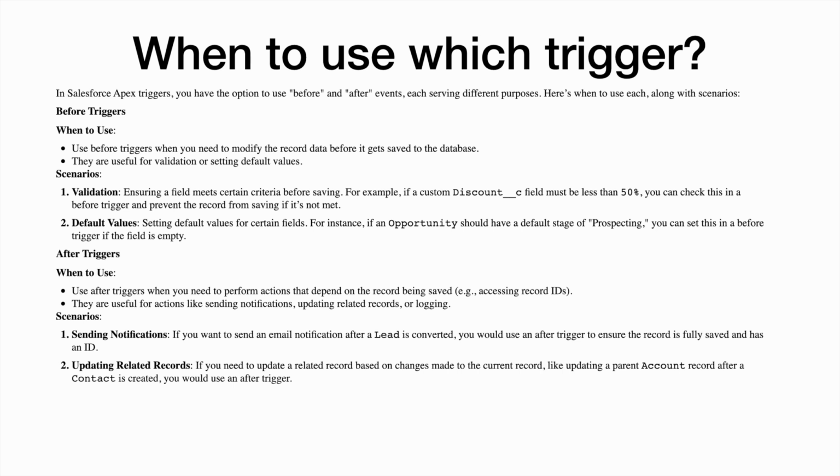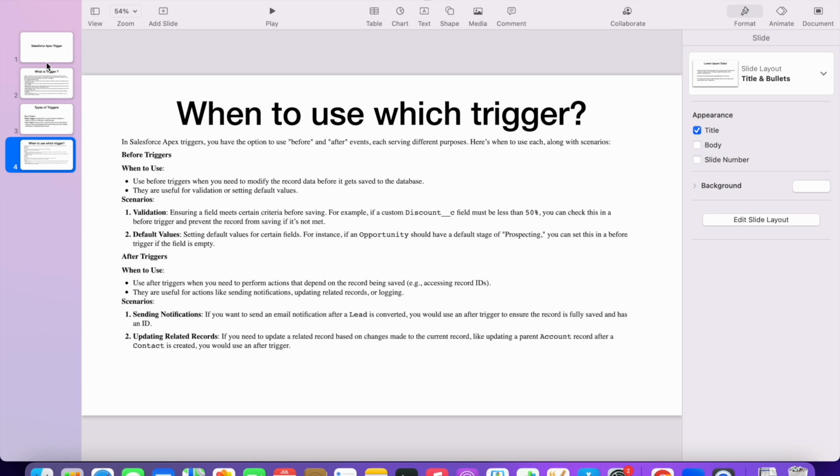Sending a notification once you insert the record is another case for after triggers. Based on the use case they give, you need to decide whether to go for the before trigger or the after trigger.